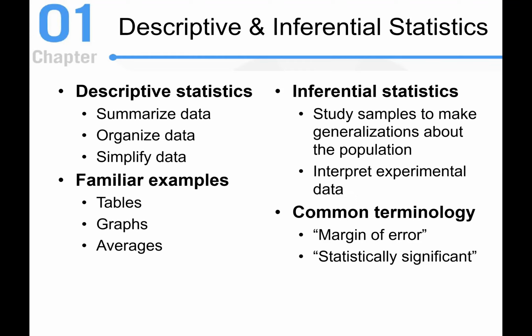And so some terminology that you may come across with this is margin of error and what is called statistically significant, which is going to be that last term. Statistically significant is going to be a very key term in a lot of the statistics that we utilize in this course.